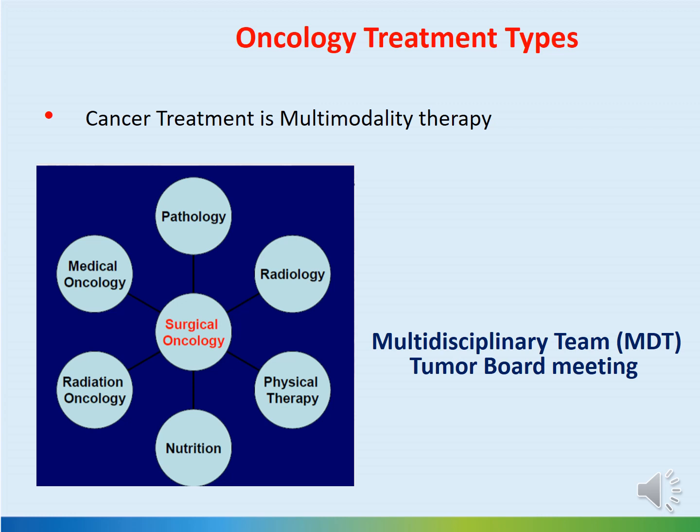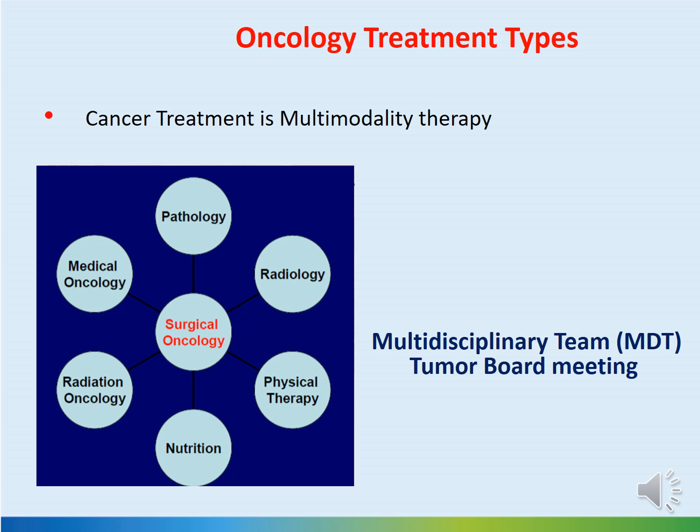The surgeon sits along with the medical oncologist, the pathologist, the radiologist, and all the other specialties. We sit together and discuss the best and proper type of treatment, and we decide the treatment depending on the case, the type of cancer, the stage of the cancer, and the patient's situation.